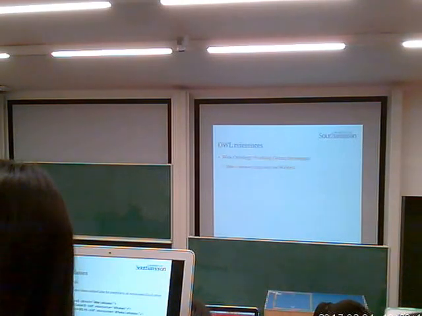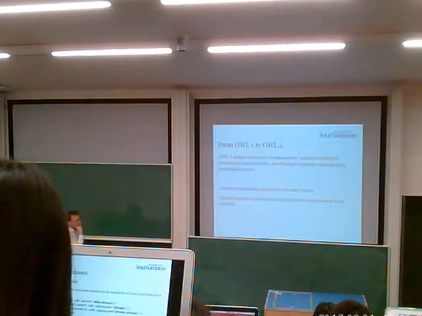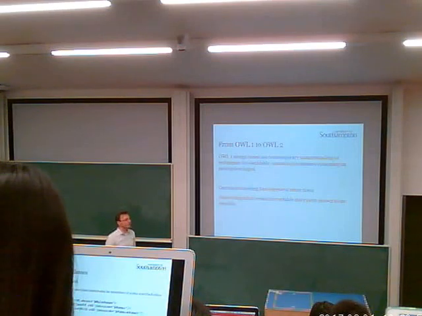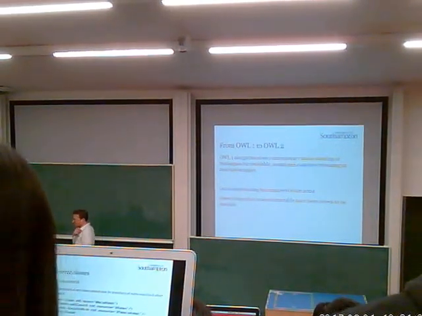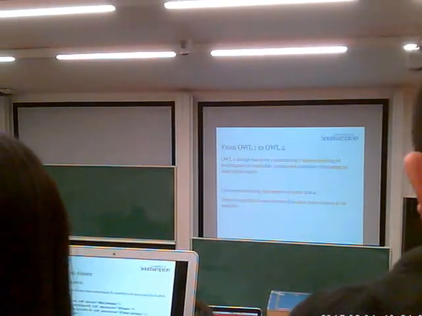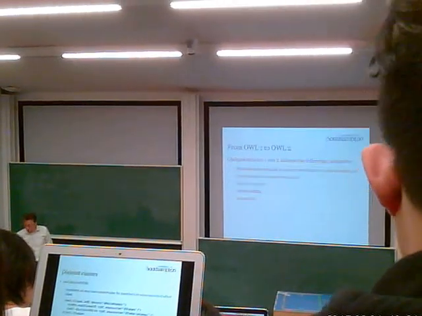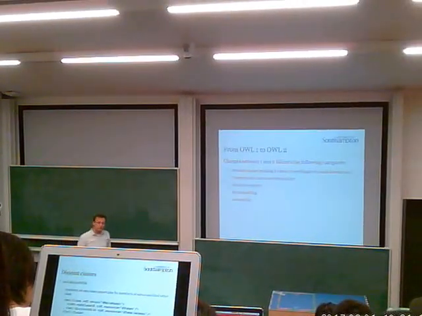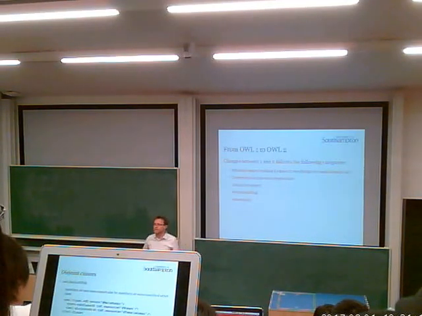Okay, so that's already a lot of nice things we have in OWL 1. That was recommended in 2004, so quite a while ago. And then people found that there was a lot of research being done on things that one previously thought would not be possible, one understood how they could be accomplished, and so quite a lot of new features were added to the OWL standard, and also the OWL languages were cleaned up.